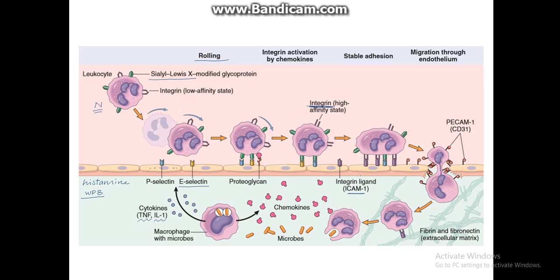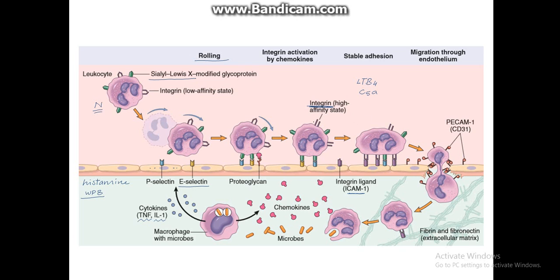These cellular adhesion molecules, the same as with E-selectin, are also upregulated by TNF and by interleukin-1. However, the integrins are upregulated by leukotriene B4 and the C5a from the complement system. So this will adhere the neutrophil onto the blood vessel wall.